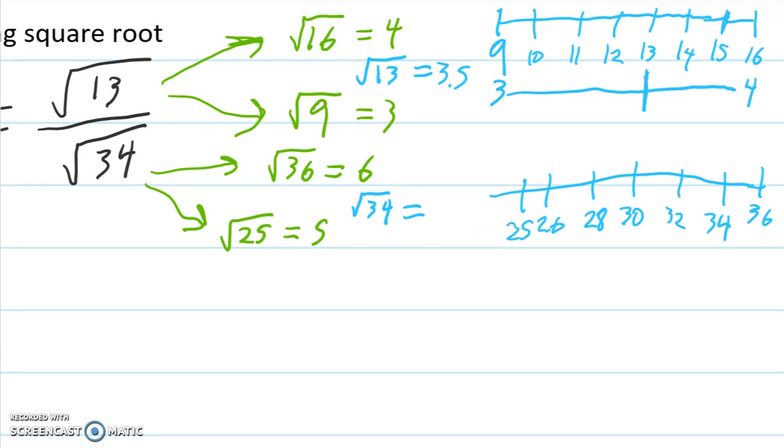Okay, so the square root of 25 is 5, and the square root of 36 is 6. Now if we draw a line down from where our number is, 34, well, that's a lot closer to 6 than it is to the 5.